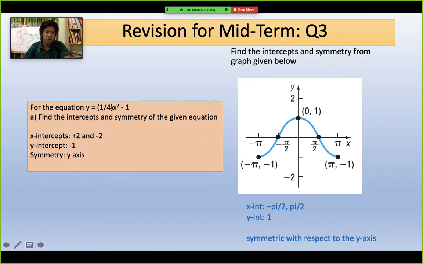For this kind of question, to find the x and y-intercepts, you first put x equal to 0 and find y, then y equal to 0 and find x. Then you get these two values. This graph has y-axis symmetry because of the x squared: if you put minus x, it becomes plus because of the square.